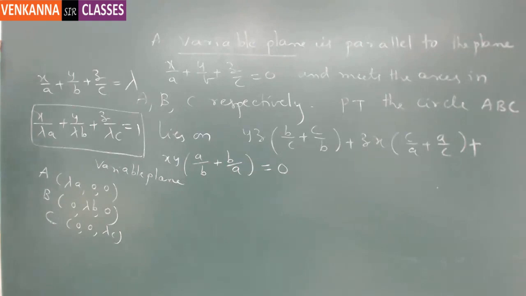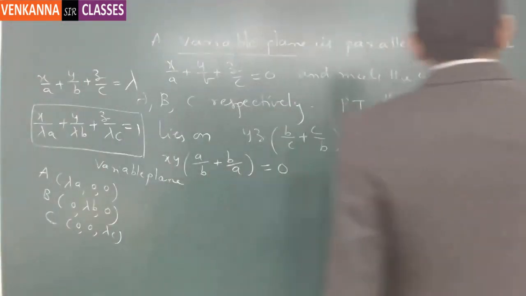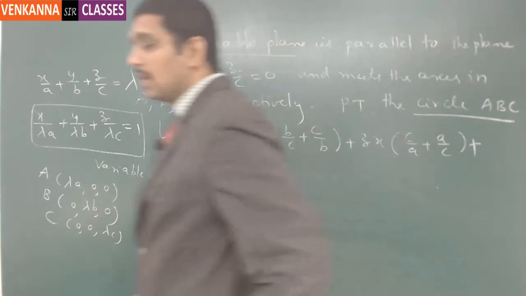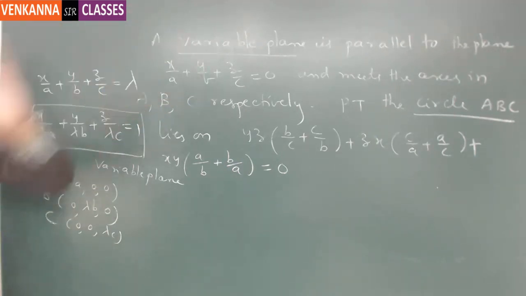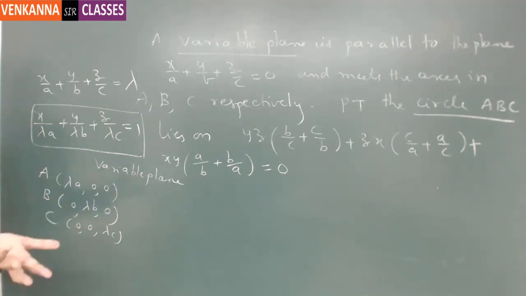Right. Understand that this is the circle. So here we need to understand that the circle is formed by the intersection of a plane and a sphere. So obviously you have calculated a plane which passes through the points A, B and C. Now I want to calculate a sphere which passes through the points A, B, C. So I take the fourth point by default as the origin.